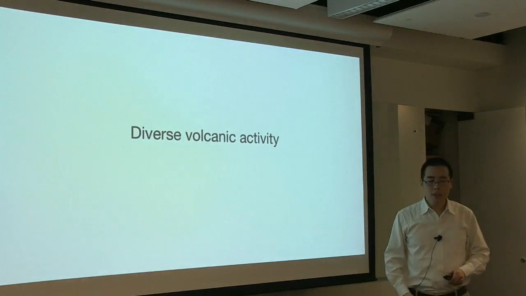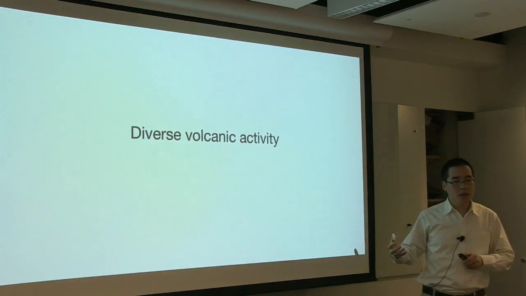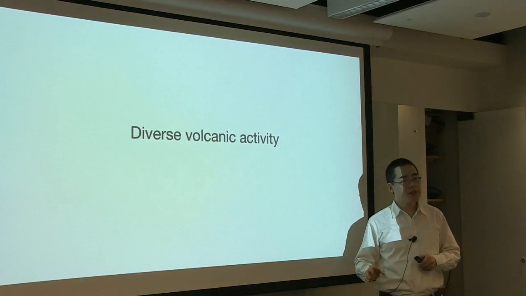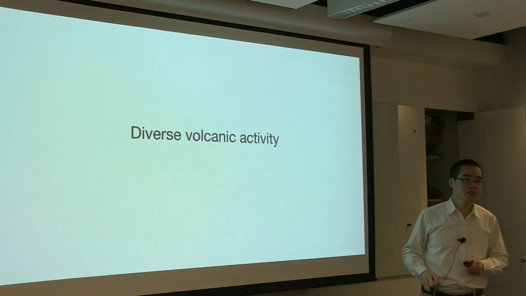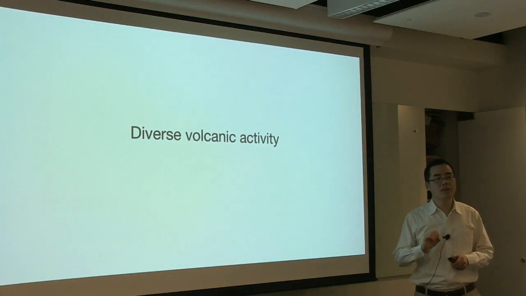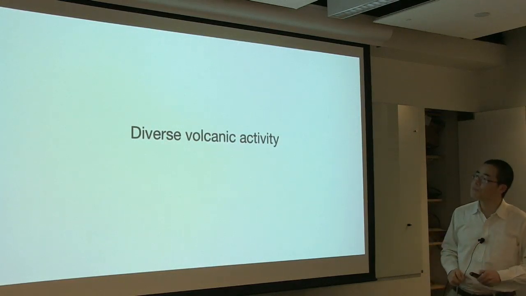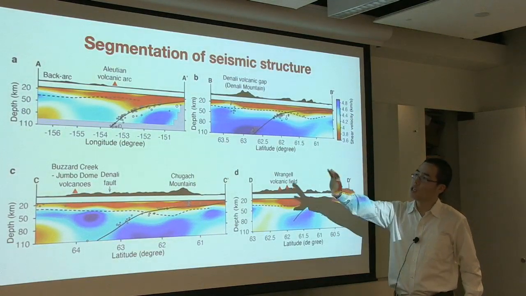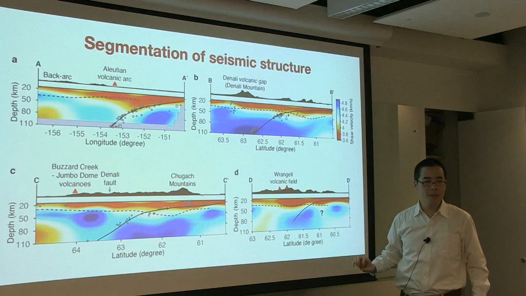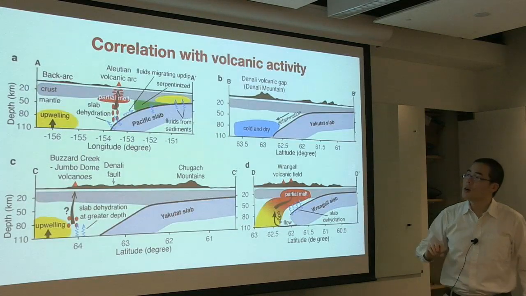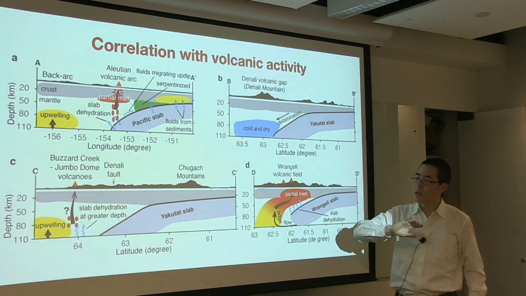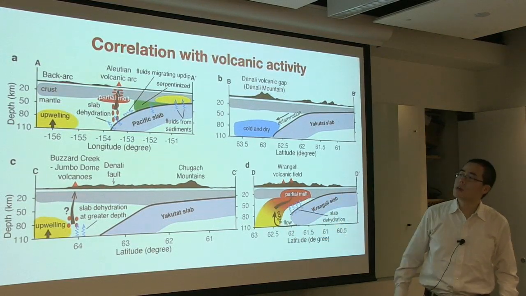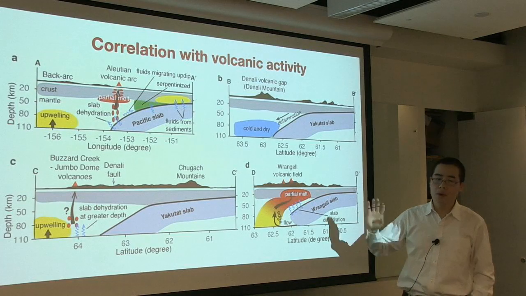And then there are a lot of volcanoes along the margin in different geographical areas, distributed in different patterns. Actually, some of them have different magmatism. Now, this is the structure we observe, the change of structure in different segments. And now what we have done is put together a schematic model compared to the four vertical profiles in four regions.